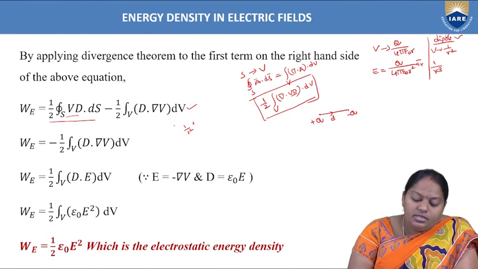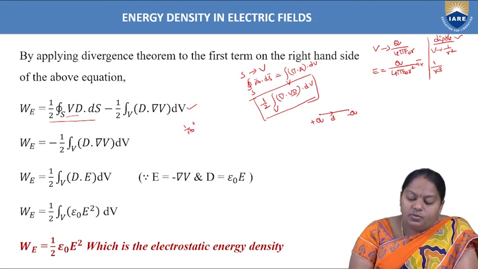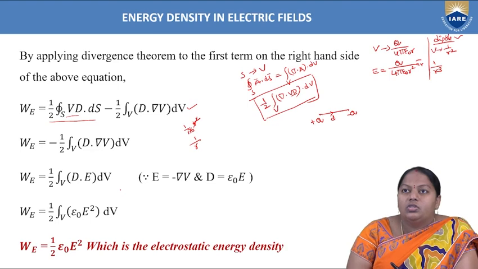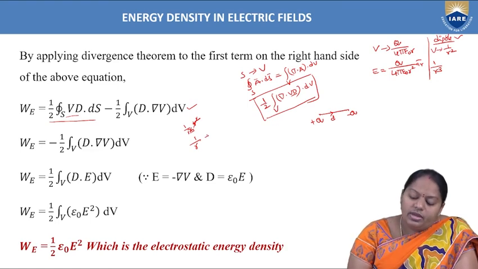Then multiplying by the surface area, which is measured in meter square and varies with r square, this r square and the r get cancelled, leaving 1 by r. So for normal variables it is 1 by r, and for dipoles it varies as 1 by r square.